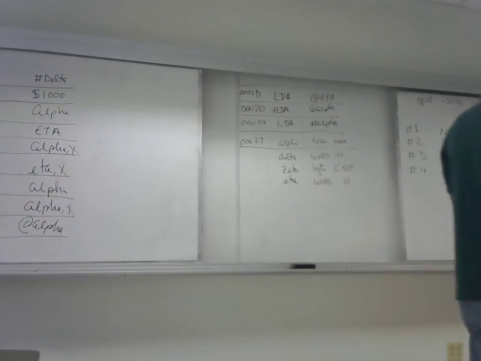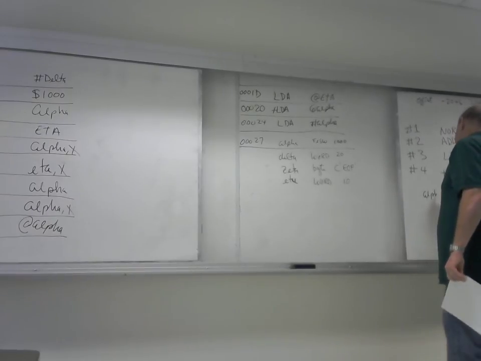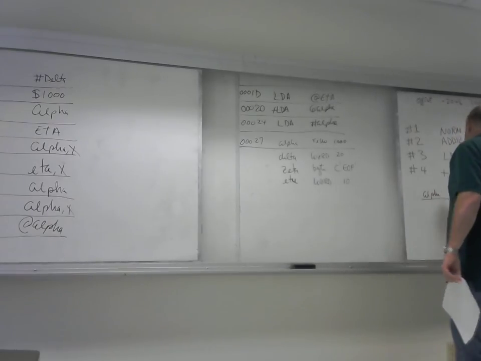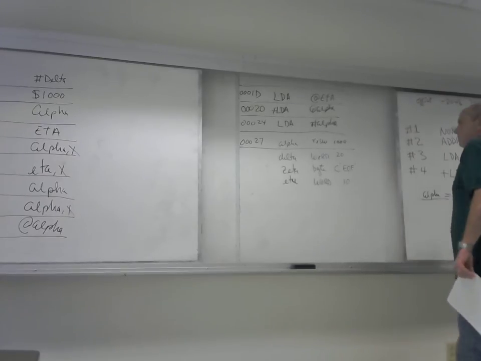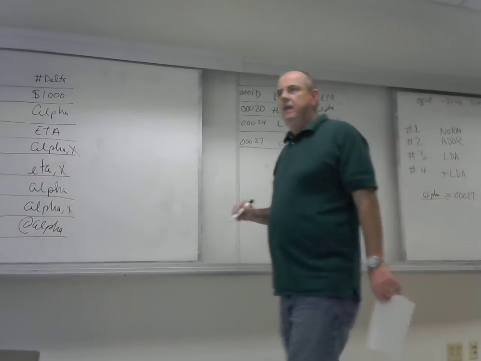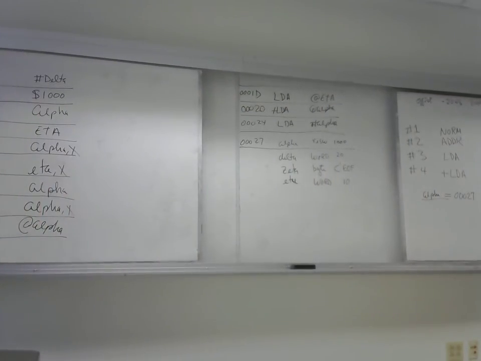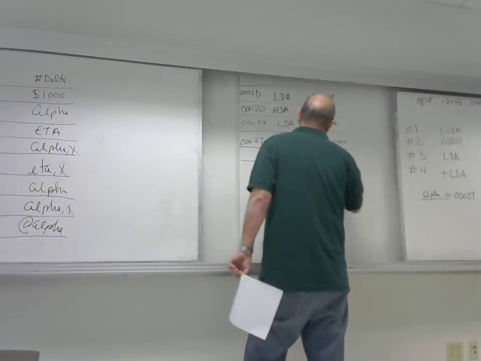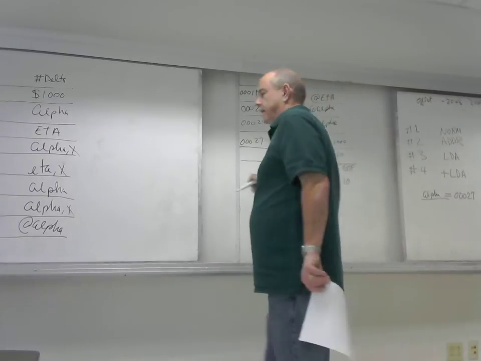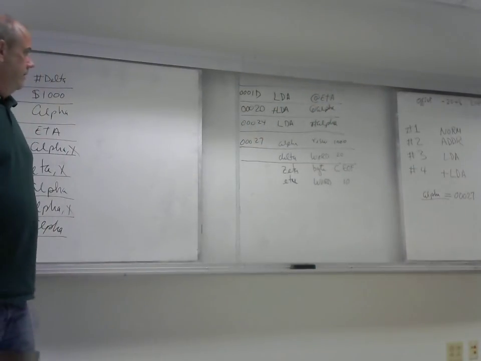We make our symbol table, and we have alpha, and it is equal to 2.7. All right. So what is the value of delta? 2.7 plus 3,000.